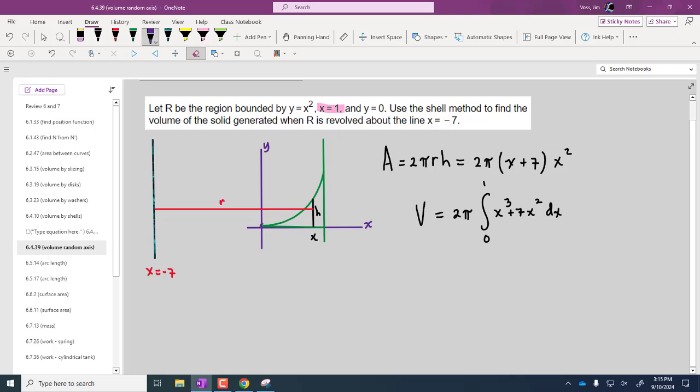That's x equals 0. 0 to 1. So random axis, if you draw a picture, it shouldn't be too hard, as long as you remember horizontal is right minus left and vertical is upper minus lower. All right, any questions on that?